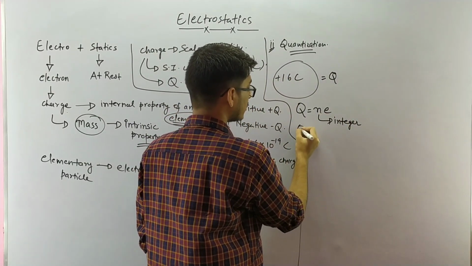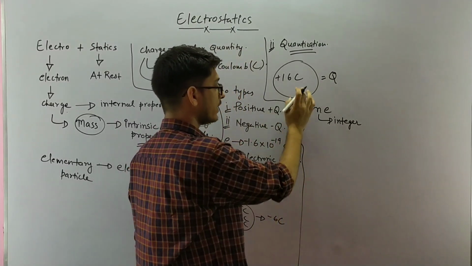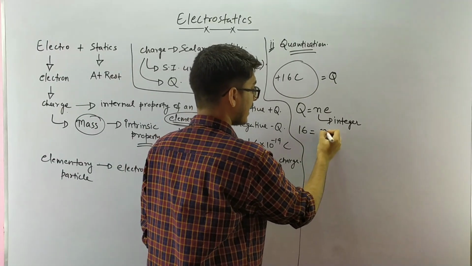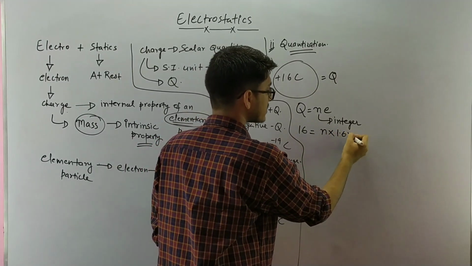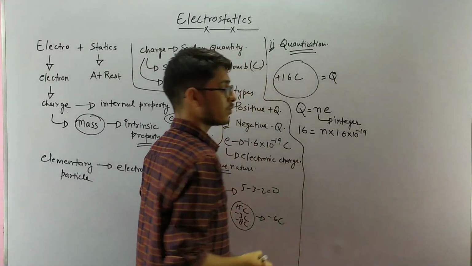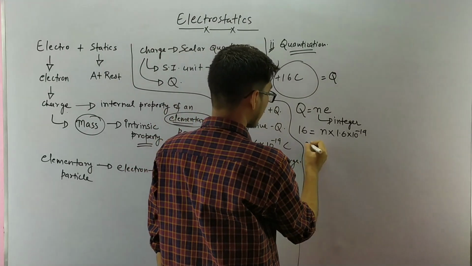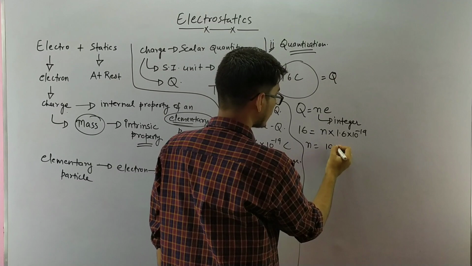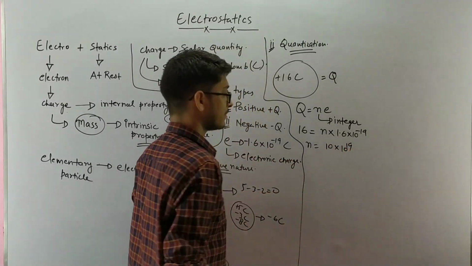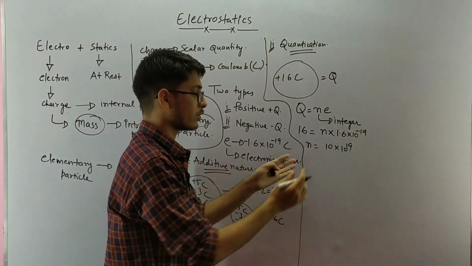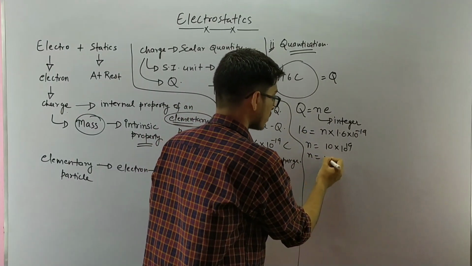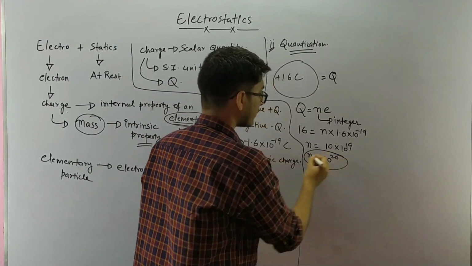So Q, the charge content of this body, can be written as 16 = N times e, where e is equal to 1.6 into 10 to the power -19 coulomb. So N is equal to 10 into 10 to the power 19. So N comes out to be 10 to the power 20.